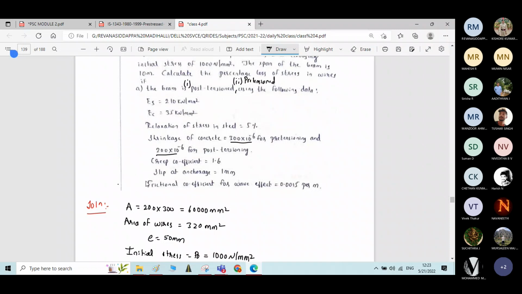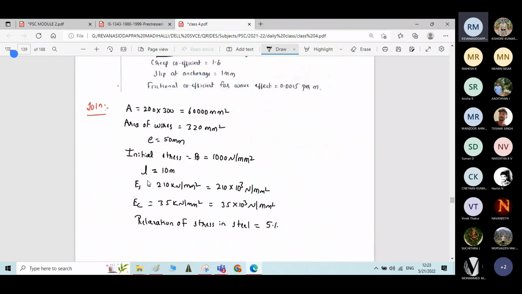Then shrinkage of concrete is 300 into 10 power minus 6 for pre-tensioning and 200 into 10 power minus 6 for post-tensioning.